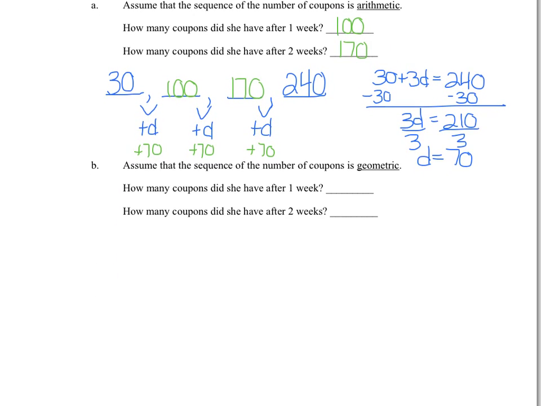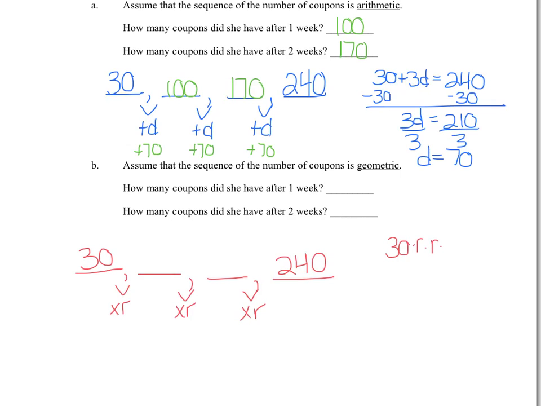Our next part, part B, says that we should assume that the sequence of the number of coupons is geometric. So we're going to still have our 4 spots. We're going to start with 30. We're going to end with 240. But now, since it's geometric, we're going to be multiplying by our common ratio. So I know that 30 times r times r times r is going to equal 240.